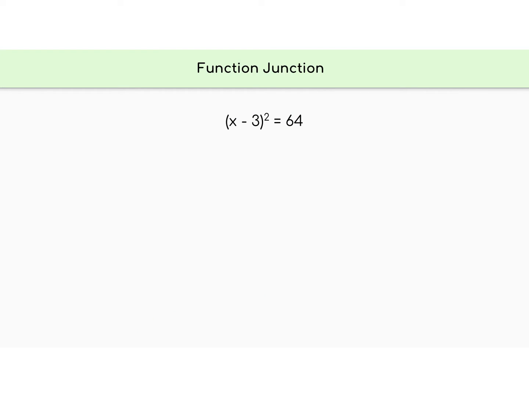Okay, so let's take a look at an example of a quadratic equation. And we want to solve this using our square root property. So our first example we have is x minus 3 squared equals 64. So we're going to apply our square root property by taking the square root of each side of our equation.